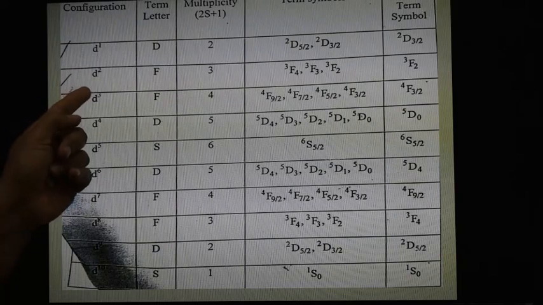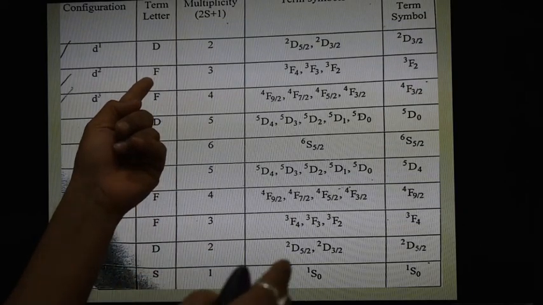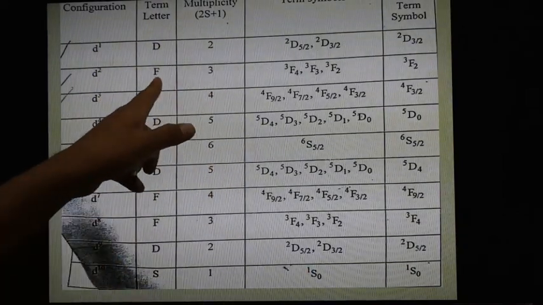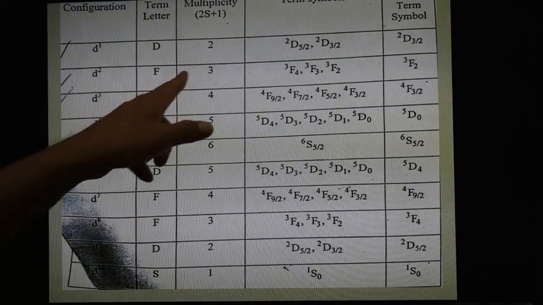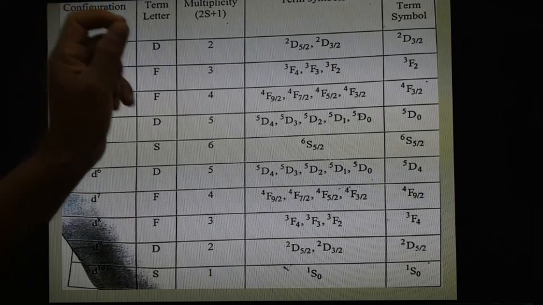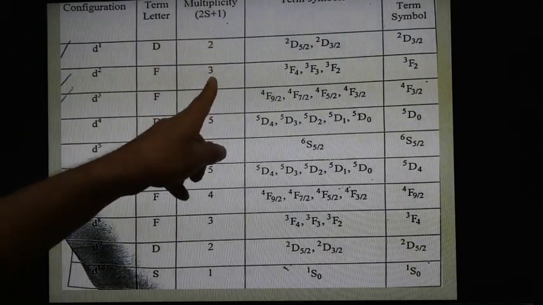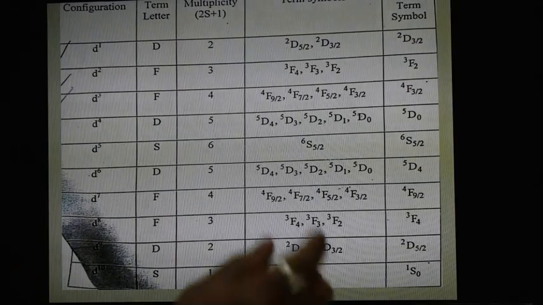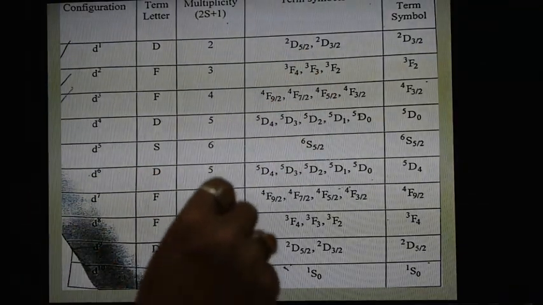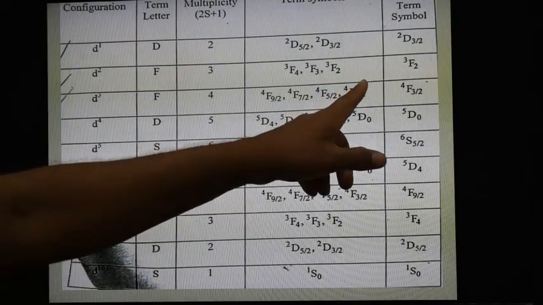Similarly, in the case of the d2 system, the term letter is F, because the two electrons each have L equal to 2 and 1 in orbital angular momentum, and vector addition gives L equal to 3, which means F. The multiplicity is 2S plus 1; the spins are parallel, so S is 1, giving 2 times 1 plus 1, which is 3. Then we take all the J values from L plus S down to L minus S: 4, 3, 2.